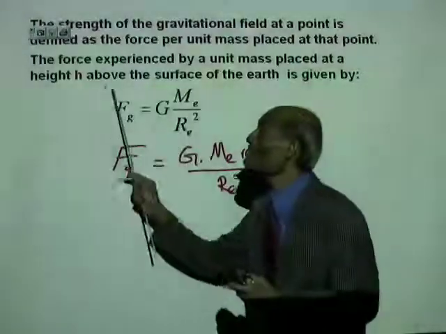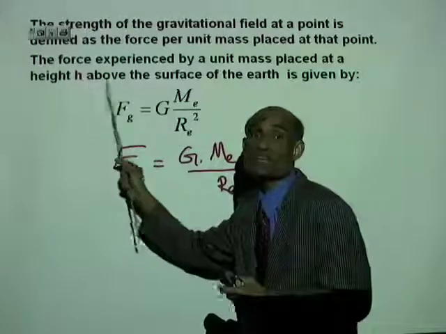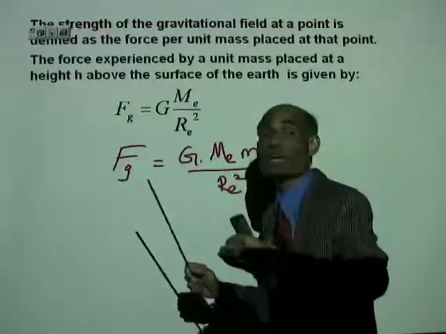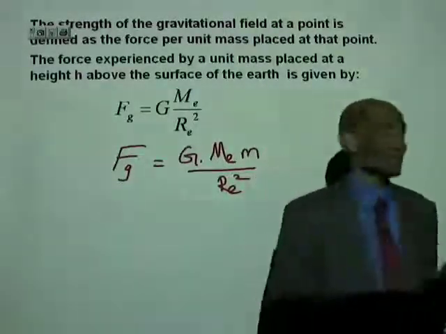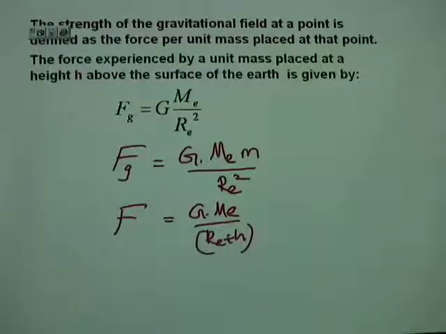If you now want to find the gravitational field at an altitude h, replace this Re by Re plus h. Is that right? Yes. So the force field at a distance h will then be G Me over (Re plus h) all squared.